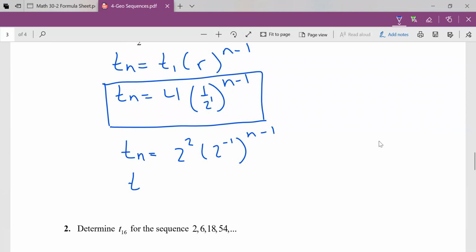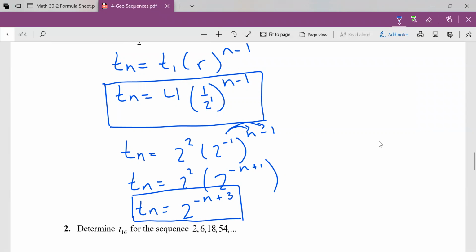Do you notice now we can keep simplifying this down? I'm going to distribute that negative 1 to both of these, so it'll be negative n plus 1. And now I'm going to multiply these together. So we add the exponents, and I'm going to get negative n plus 3.